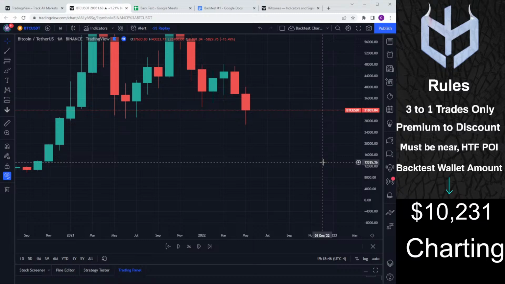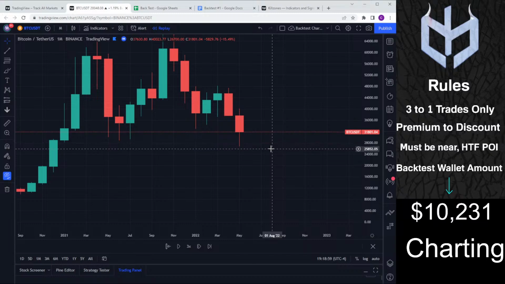But I'm trading in the theory of the way that he does it, right? He puts his high time frame key level in a premium, his high time frame key level in a discount, and then he trades from a daily high time frame level to a 4-hour time frame.